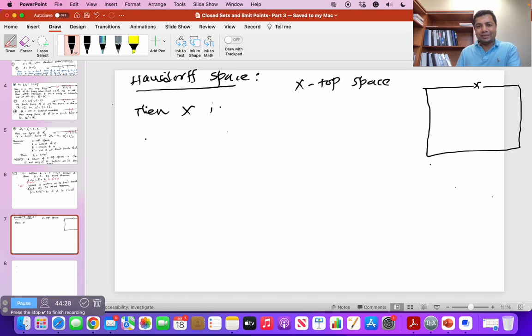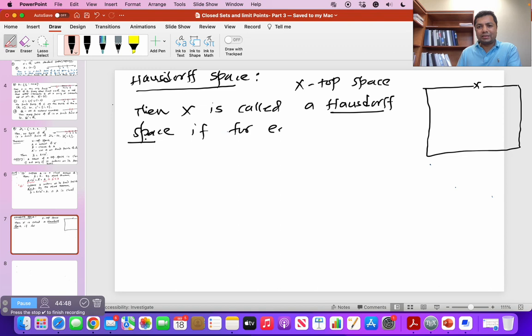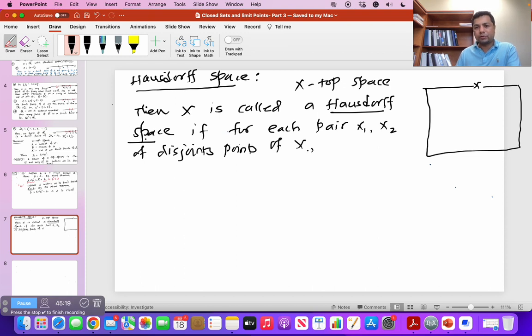Then X is called a Hausdorff space if for each pair x1 and x2 of disjoint points of X. Disjoint means they are distinct points.